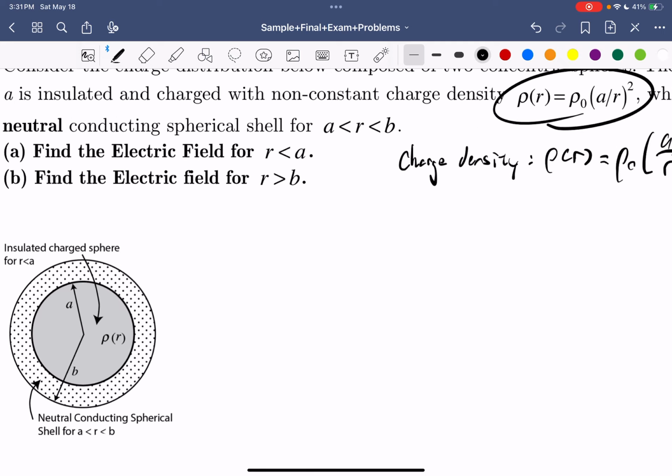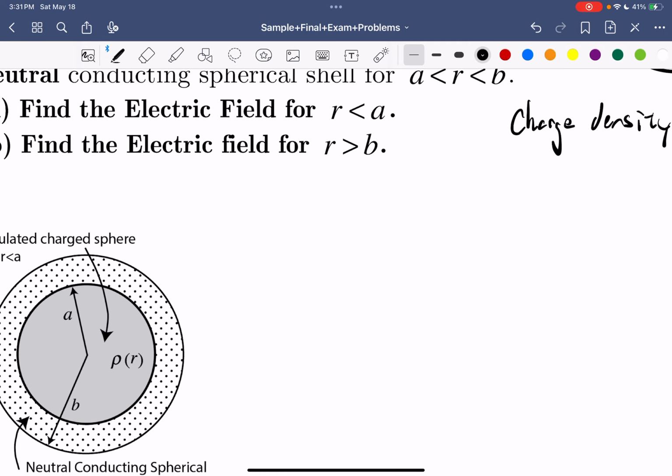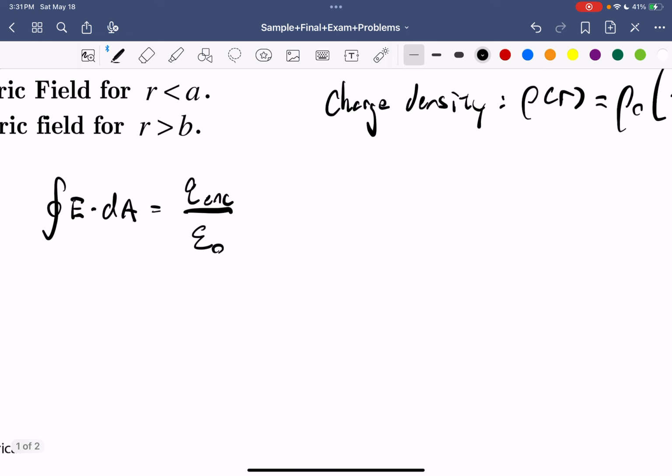Well, first thing we need to know is the equation that we have to use, and that's going to be Gauss's law: the integral of E dA equals Q enclosed over epsilon naught. Now, to find this, we can first take Q enclosed and see what it means.